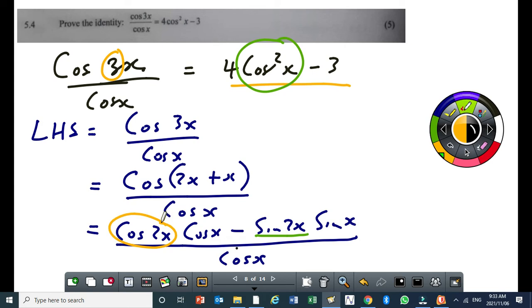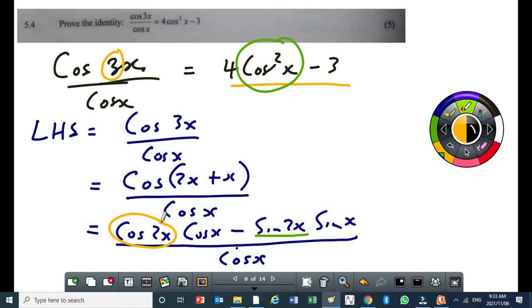Cos 2x is equivalent to 2 cos squared x minus 1. It's here on the information sheet, the third double angle. That's the one I'm using there. Are you following?